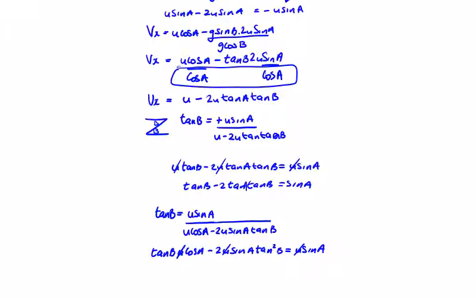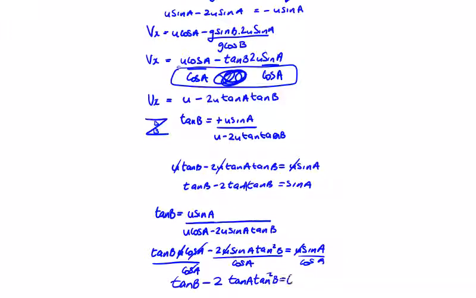And dividing across by cos A now, so this is where I had divided by cos A, and I hadn't divided every term. You can see here what's going to happen. These will cancel, so I get tan B minus 2 tan A tan squared B is equal to tan A.